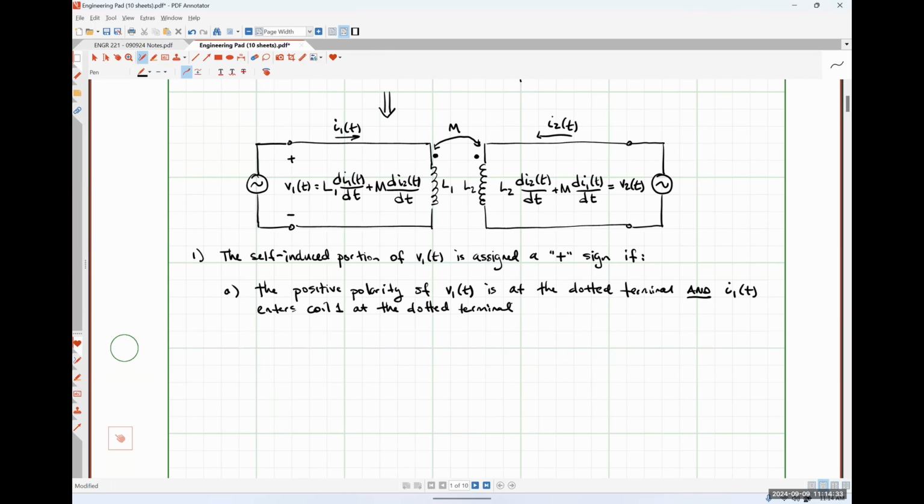However, there is another condition that could cause us to have a plus sign on our self-induced portion.